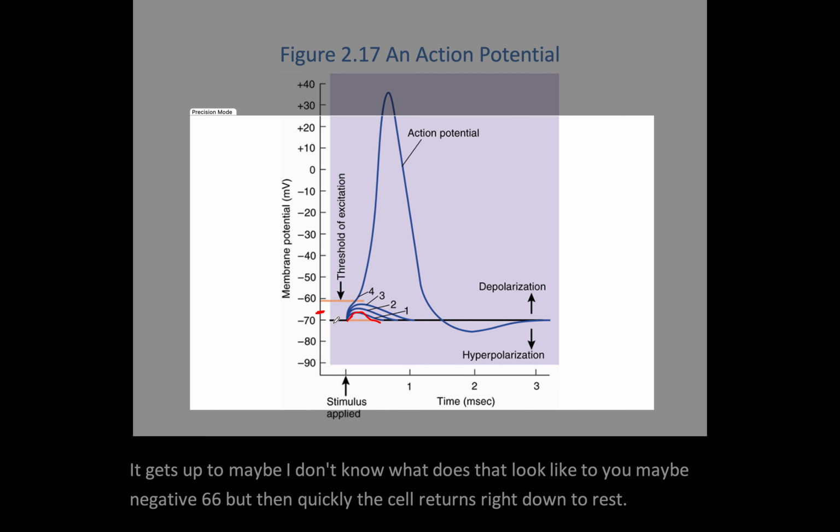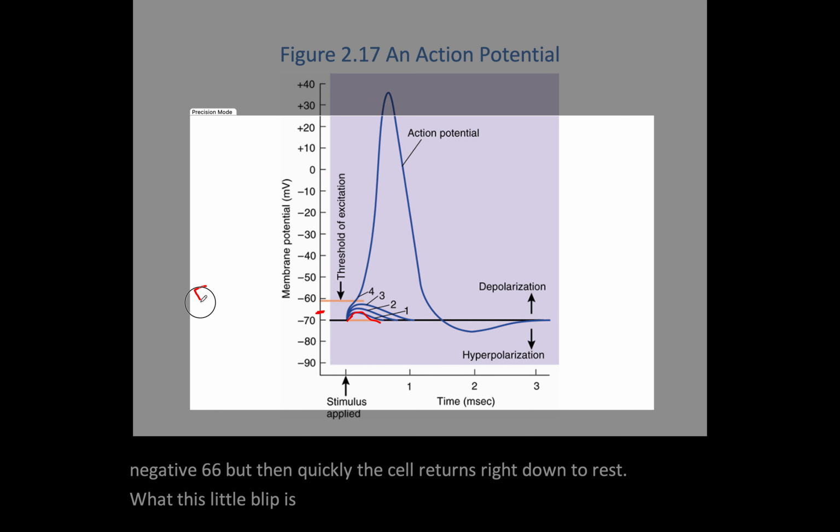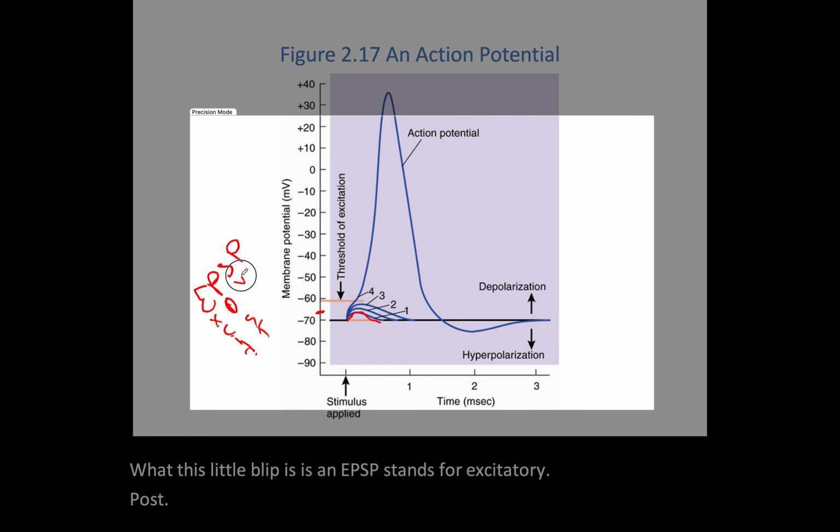What this little blip is, is an EPSP. That stands for excitatory postsynaptic potential.